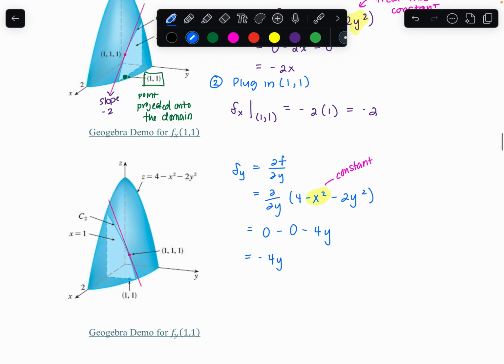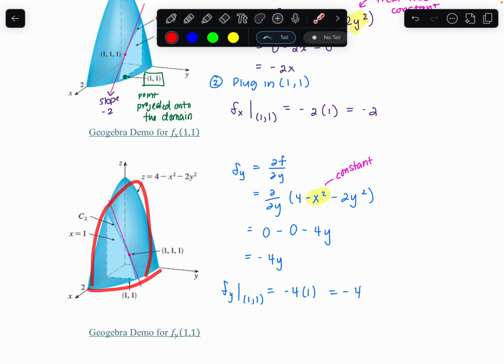So if I wanted to evaluate the partial derivative at the point 1, 1, right? So this is the partial with respect to y of f evaluated at 1, 1. That's how you say that entire statement in words, right? The partial derivative of f with respect to y evaluated at 1, 1 is, let's plug it in, negative 4 times 1, which is negative 4. So what we did, here's our 3D surface.